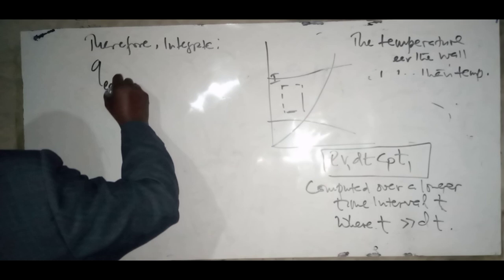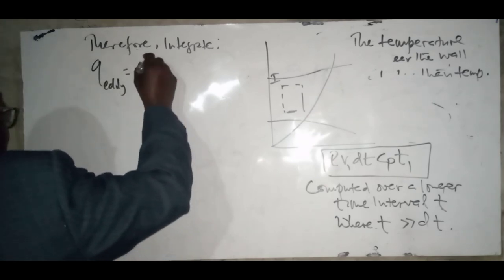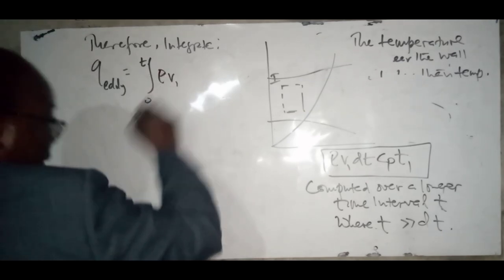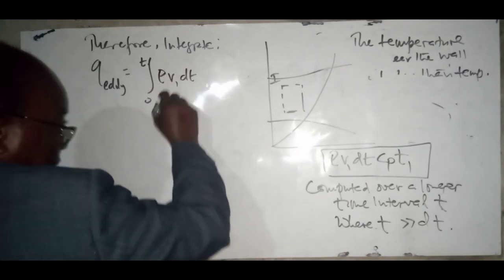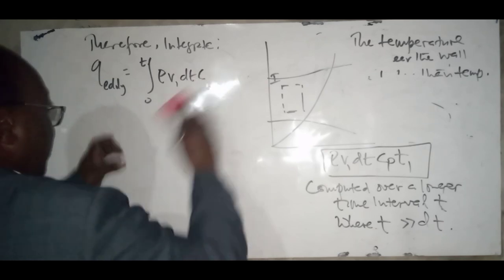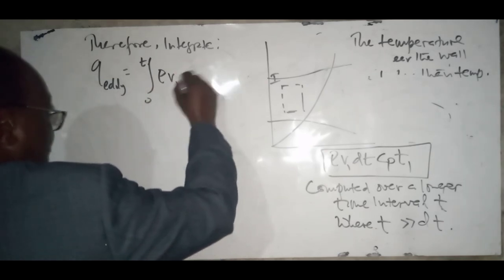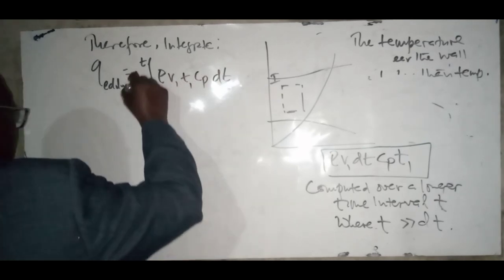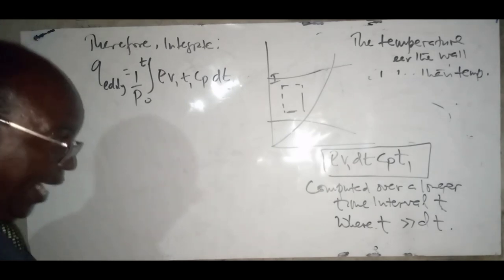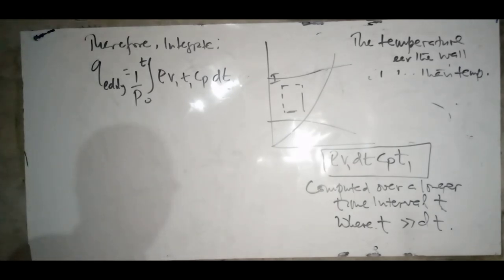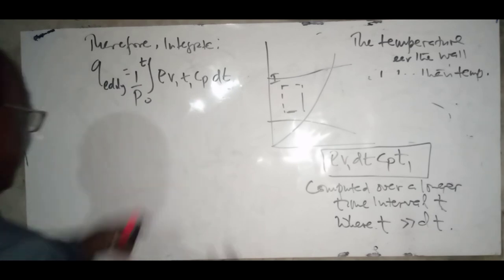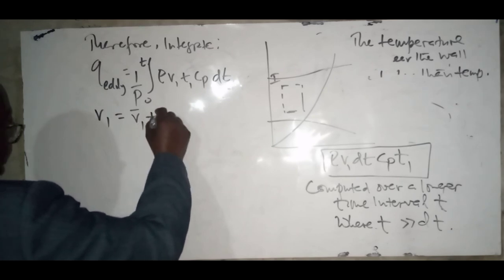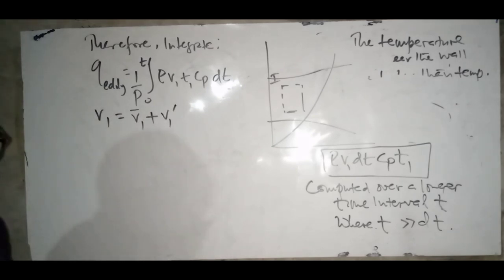We have heat Q. We have the integral, so one over T, the integral of rho V1 dt Cp T1, because we divide by that time interval. And remember, we have already said that V1 is the mean velocity plus the velocity as a result of the fluctuations.